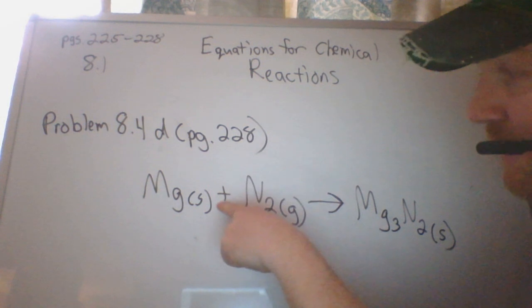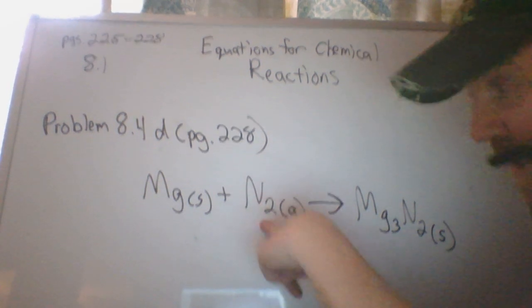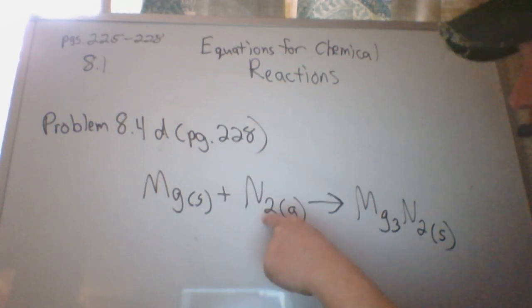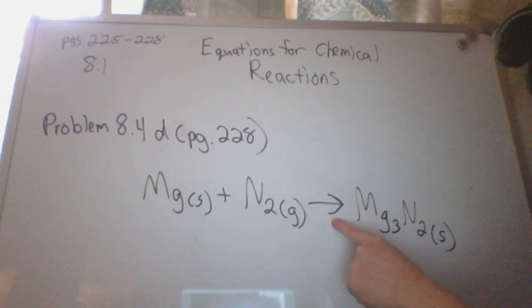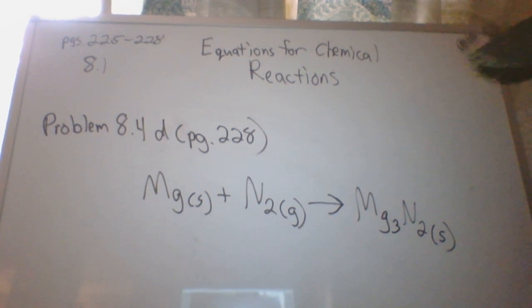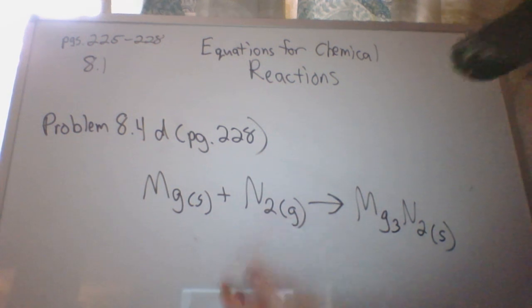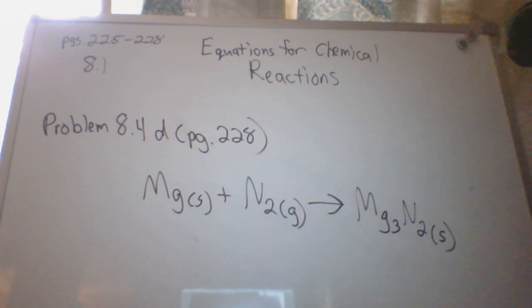Solid magnesium is going to react with the other reactant, in this case, nitrogen gas. There's our yield arrow. Here's the product side. It's going to create something called magnesium nitride. And again, it's in solid form. Is this equation balanced? Let's look at each element and make sure they all obey the law of conservation of matter.